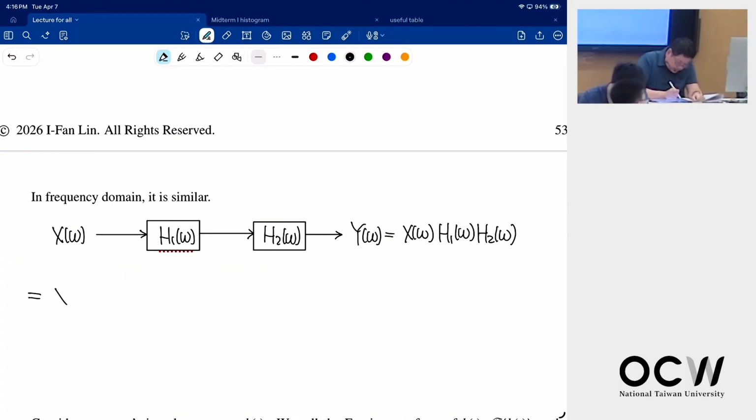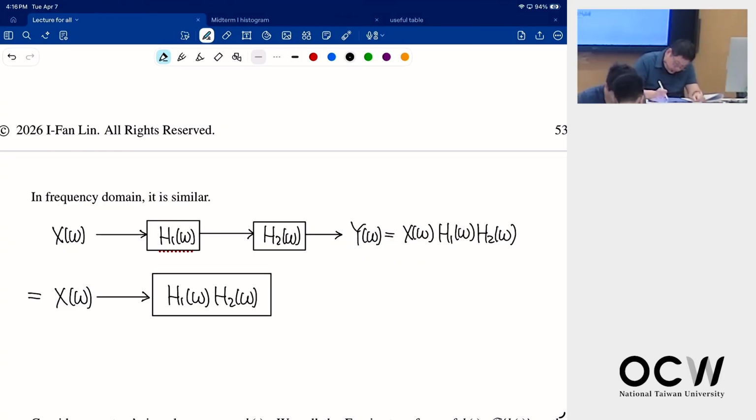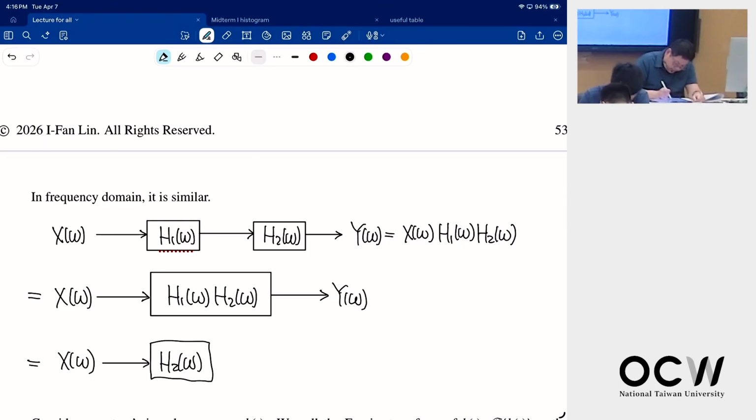You can also think that the signal is sent to a bigger system, H1 times H2. So that also means I can send the signal to the second system first, and then followed by the first system.